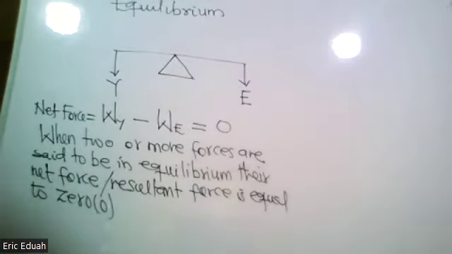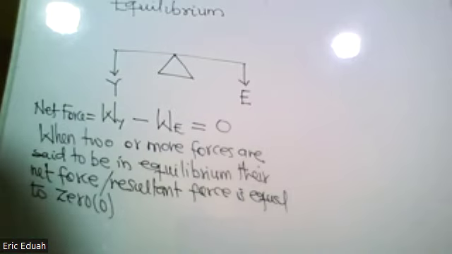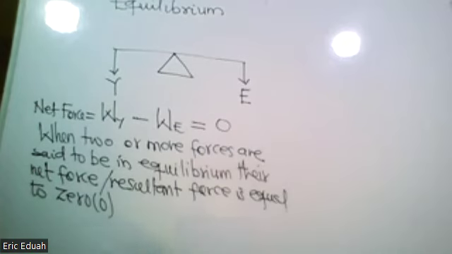That's the meaning of equilibrium. So equilibrium condition is when we have a number of forces acting at a point, and their net force is equal to 0. Then it means that those forces are in equilibrium.